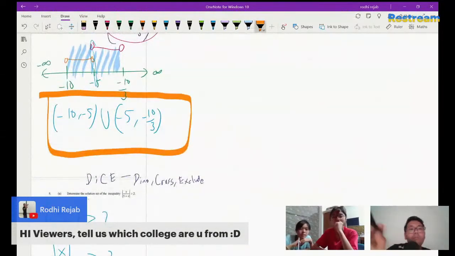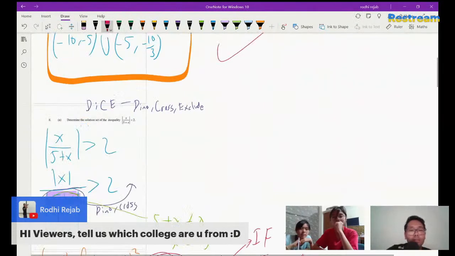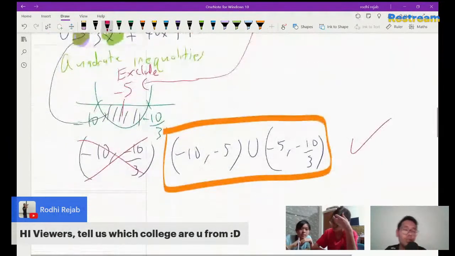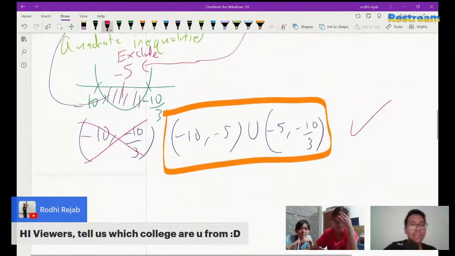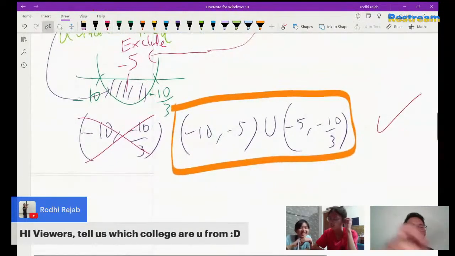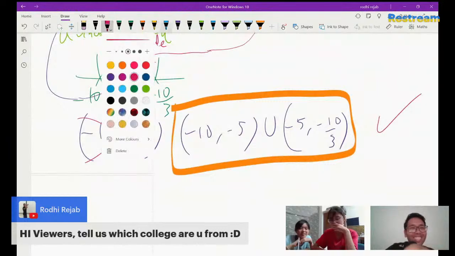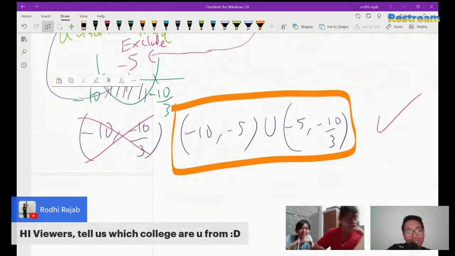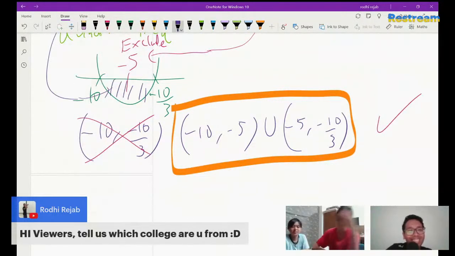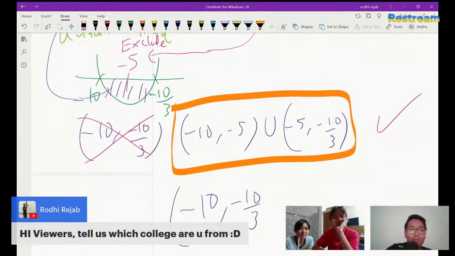Okay, that will be fine. But if you want to show off to your friend, which I highly recommend to my viewers, then you can write down in this way. In a way I recommend this more because it's easier to write down.